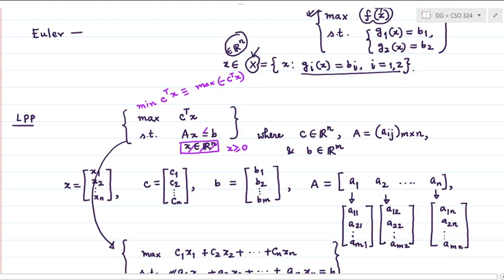Or, if you want equal values on both sides, the maximum of the negative of C transpose X is nothing but the negative of the minimum of C transpose X. So if you have a minimization problem, you can equivalently pose it as a maximization problem just by placing a minus C here, minus C transpose X, fine. And therefore there is no loss of generality if we consider discussing or developing theories only for maximization type problems.